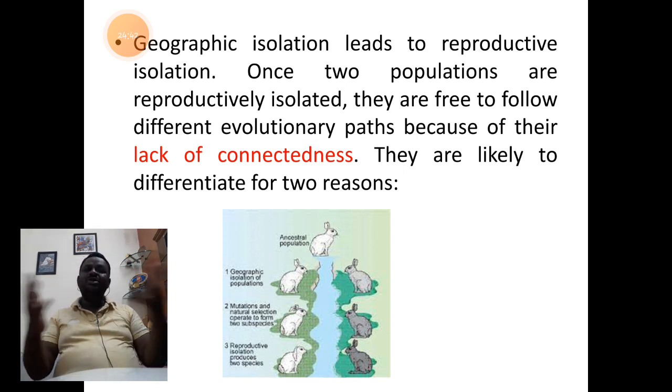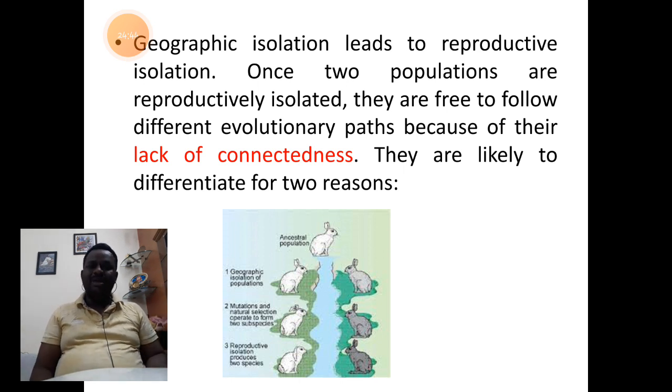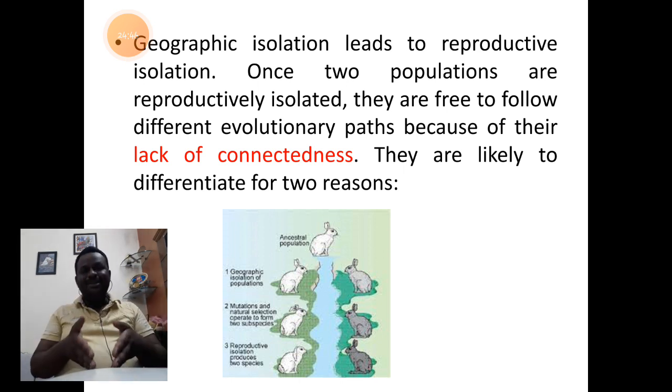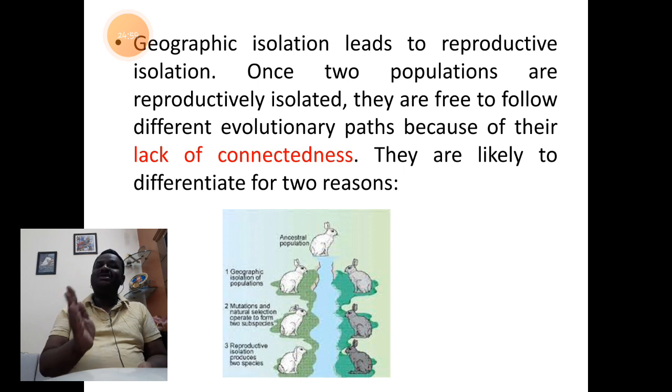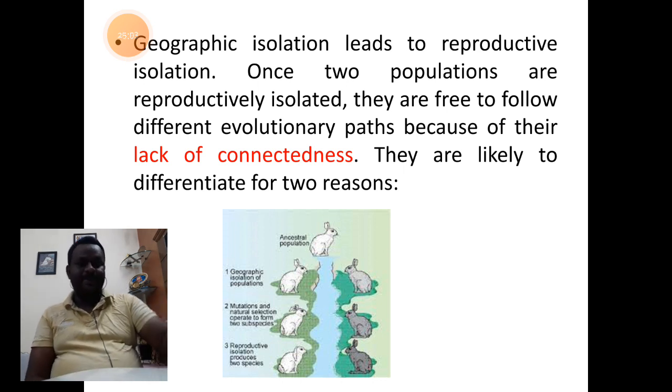So this is how two different types of species are formed. When physical geographical barriers bring in two different kinds of species which cannot mate later when they come together, it is called reproductive isolation. So remember students, geographical isolation can lead into reproductive isolation.